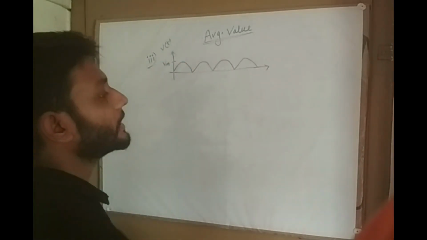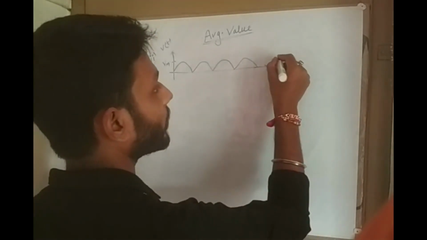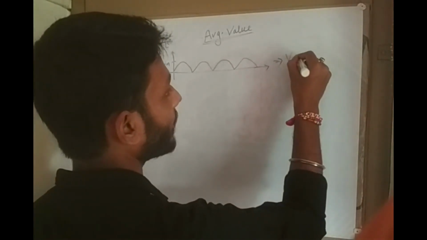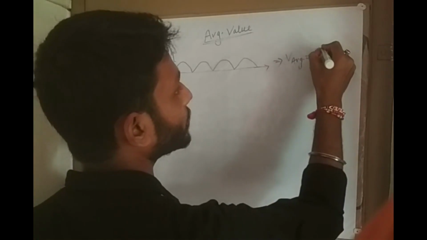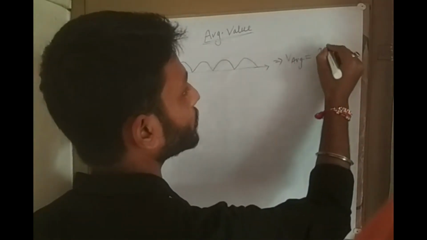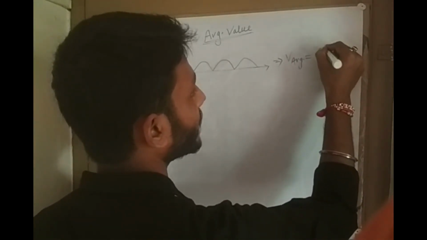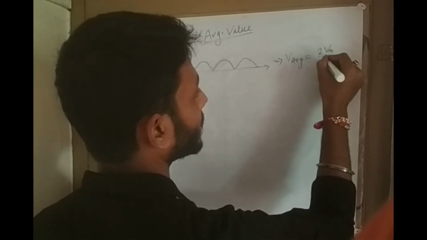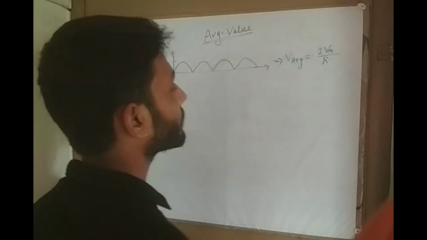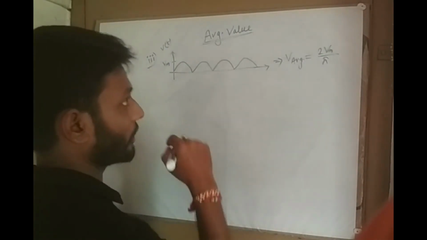If this one is the signal, then for this one the V average value will be equal to 2Vm divided by pi.